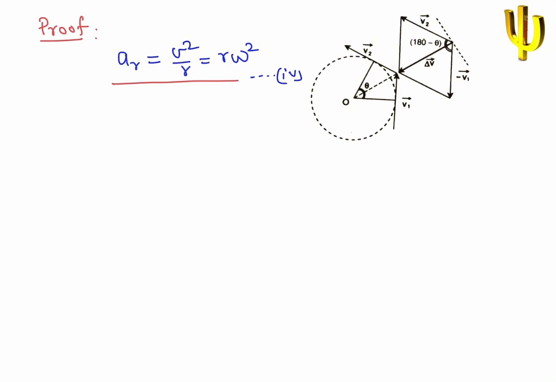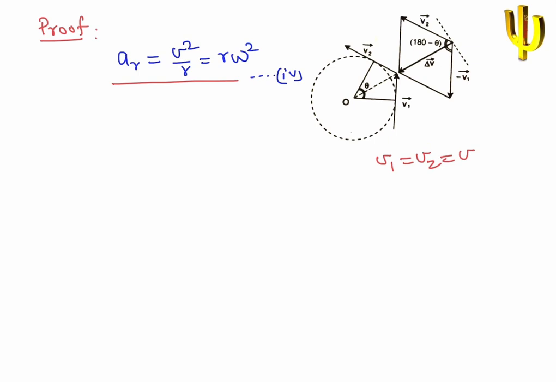Initially, the velocity of the particle is v1, and after time t, the velocity of the particle becomes v2. The particle is moving with uniform speed, that is, the magnitude of the velocity of the particle v1 is equal to v2 is equal to v.